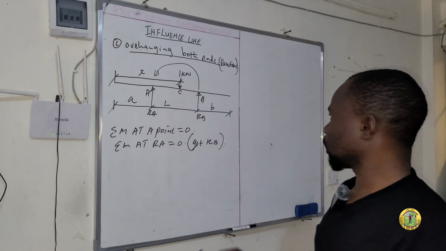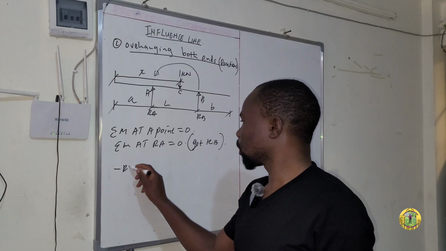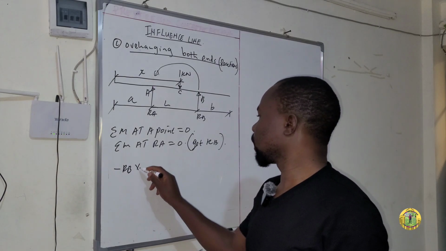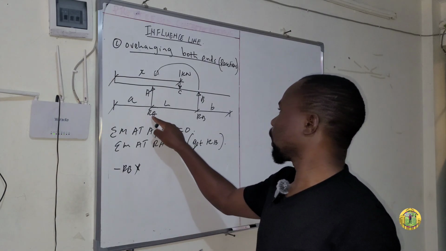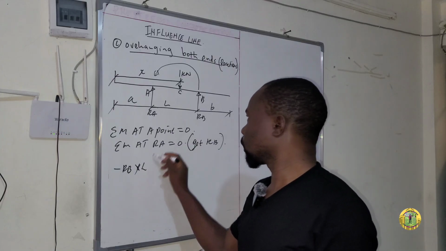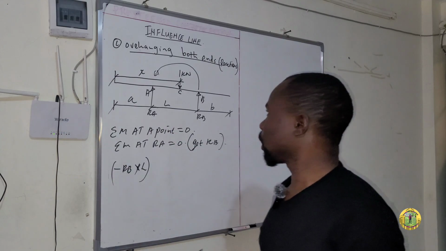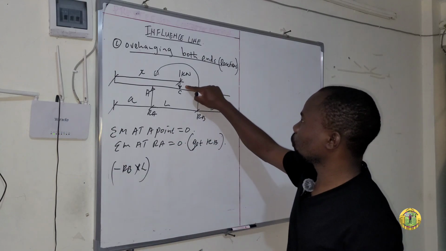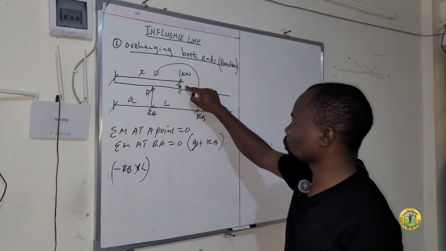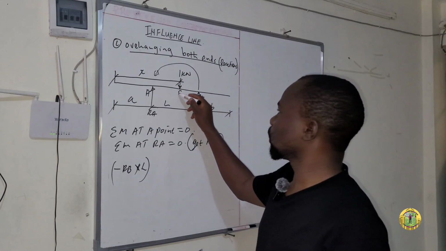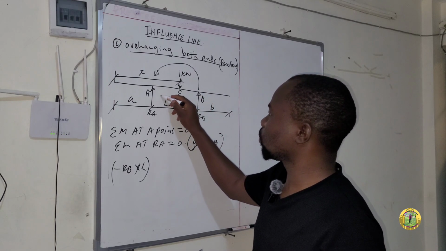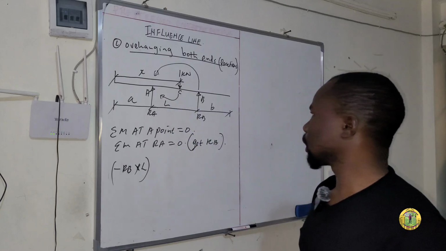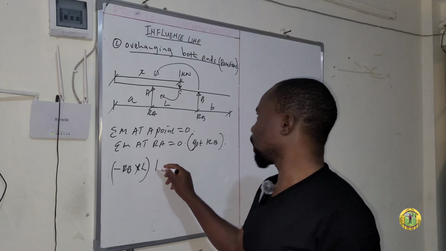So you will say minus RB times the distance from RA to RB, which is L. After that, we come to the 1 unit load, which is 1 kilonewton. In which direction is this 1 unit load moving in reference to point A? This is clockwise direction.